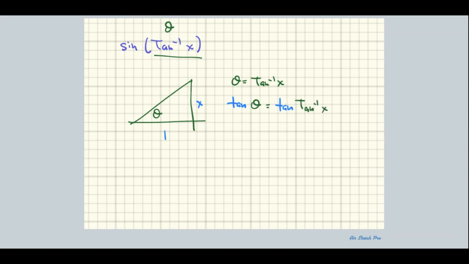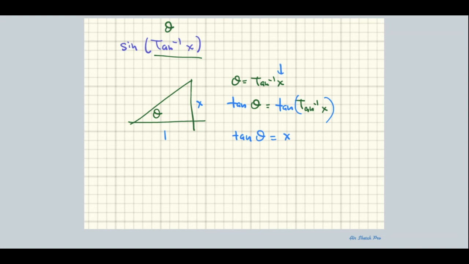The idea being that the tangent and the arctangent cancel as compositions. And this means that we end up saying that the tangent of theta is x. But you could have seen that originally.